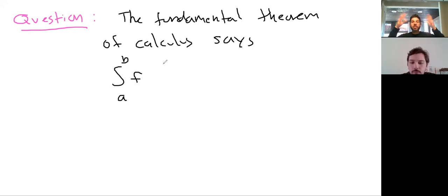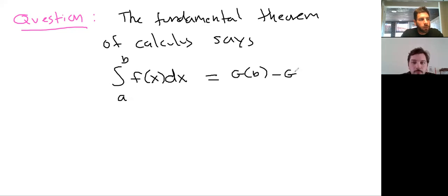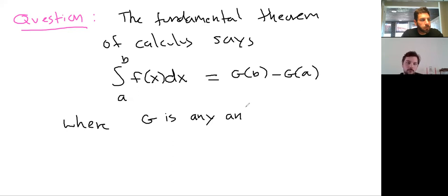You said if I'm integrating f, and I know an antiderivative, we would write it like this: this equals g of b minus g of a, where g is any antiderivative of f.